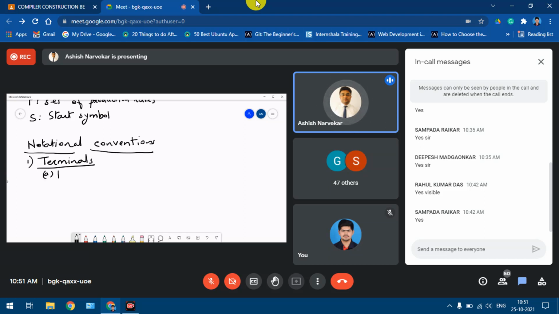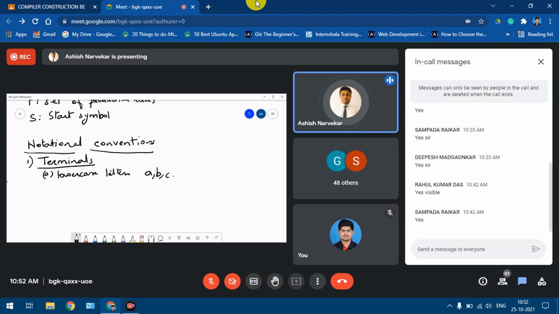The first convention that is followed is lowercase letters. When we say lowercase letters, we are obviously considering the English language, which has the alphabets from A to Z. In this A to Z, the lowercase letters most commonly used are a, b, c.